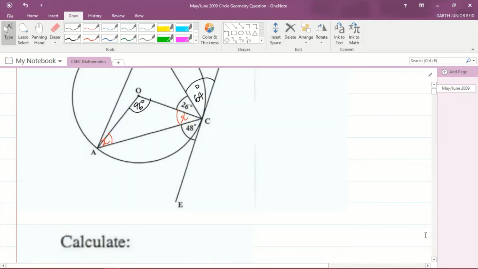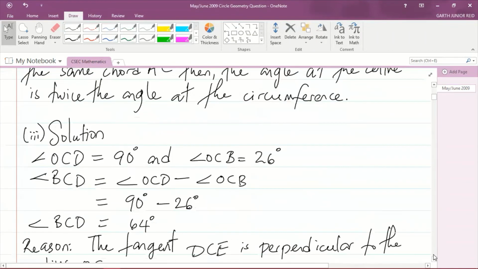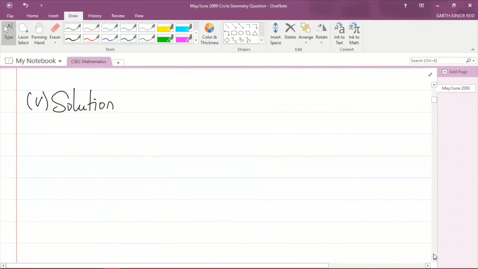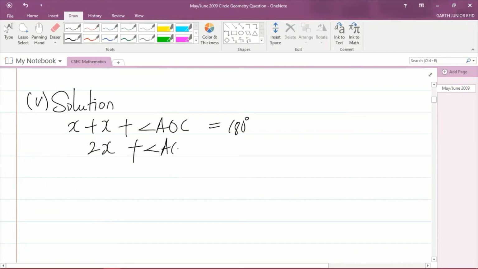So let us come down here now and write our solution. Part 5. So when we add the x's and the angle AOC, we know that we are to get 180 degrees. Now x plus x, that's just 2x, plus the angle AOC is equal to 180 degrees. But what was the angle AOC?